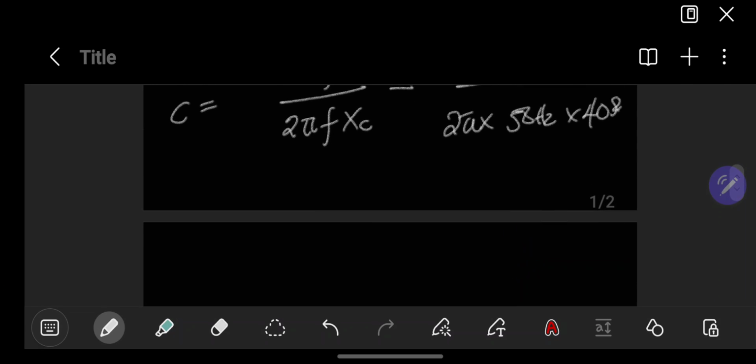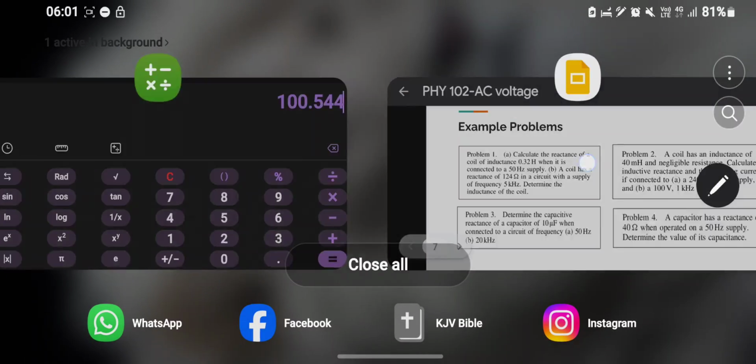So this will be C is equal to, we can basically do this: 4 times 5, that's 20, so we can say this will be 2 pi times 200. Okay, so we can use our calculator to finish this off. So let's go to the calculator.